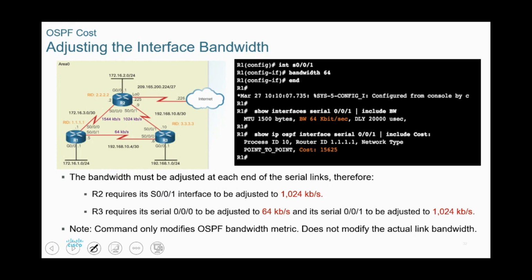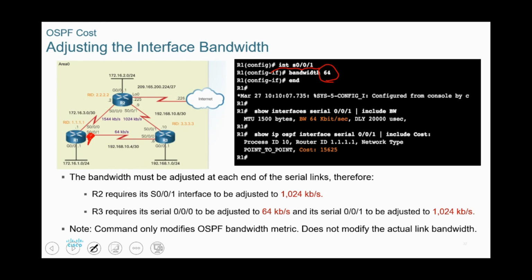Okay, and just now we mentioned that we can adjust the interface bandwidth, right? So how do you adjust it? You can go to the specific interface. Let's say R1 has an interface S0/0/1. So this is R1, and S0/0/1 is here. You would like to adjust this bandwidth to 64.